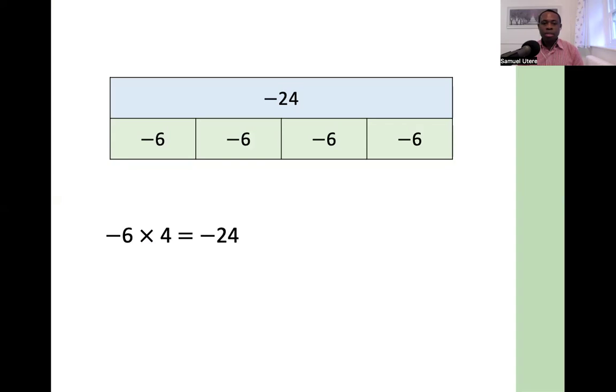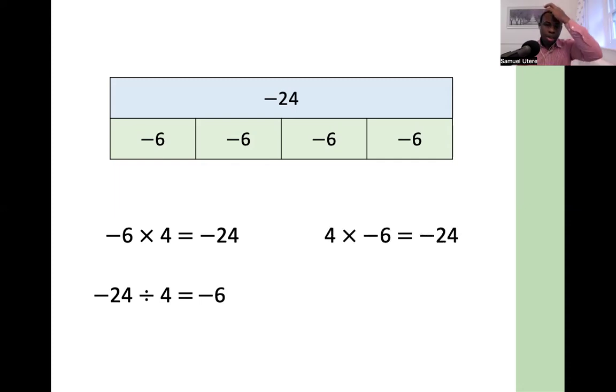So negative 24 can be split into groups of 4, okay? Groups of negative 6 counters, and that will give you four groups. You can also write the division fact by saying negative 24 divided by 4 is equal to negative 6.